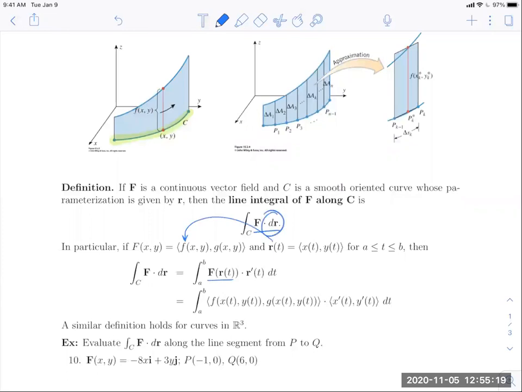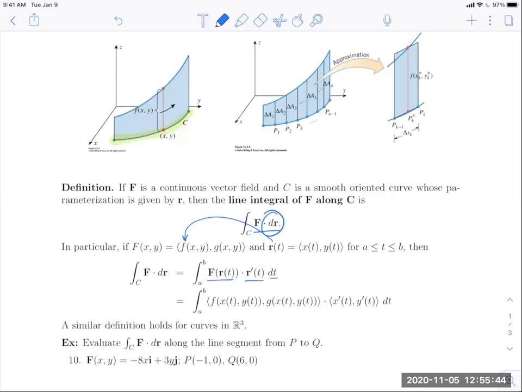And then dr, not surprisingly, the d there generally represents a derivative. So we're going to take the derivative of r, but what is r a function of? It's a function of t. So when I take its derivative there, I'm going to indicate that I took its derivative with respect to t. So what began looking like an integral in terms of r is really just an integral in terms of t, which is our underlying parameter.